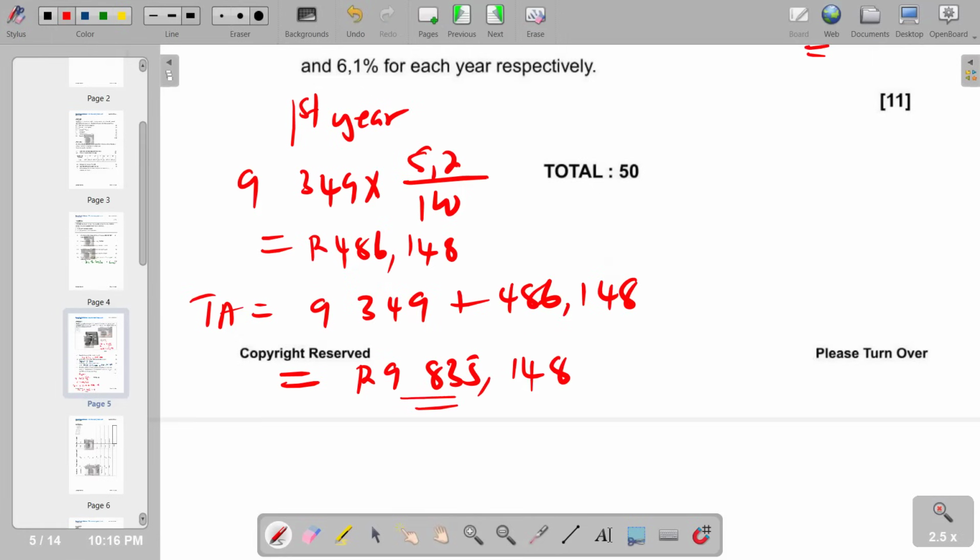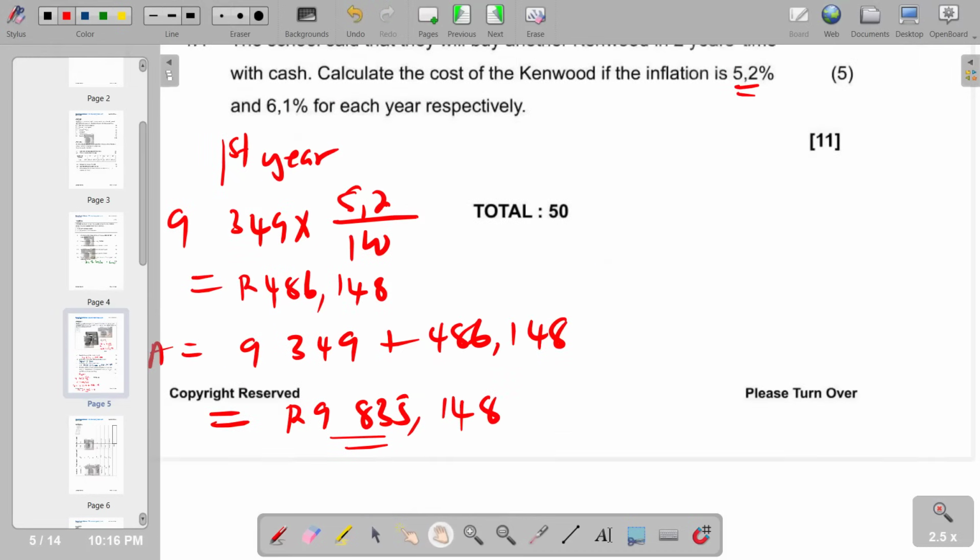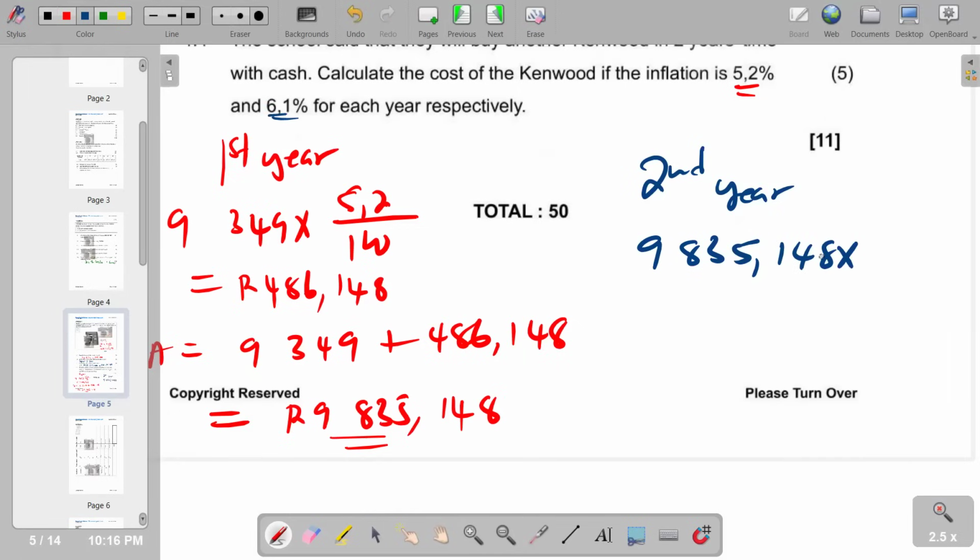Then we go to the second year. For the second year, we are now saying the new amount from the first year, which is 9,835.148, multiplied by the inflation rate for the second year, which is 6.1, so 6.1 over 100.